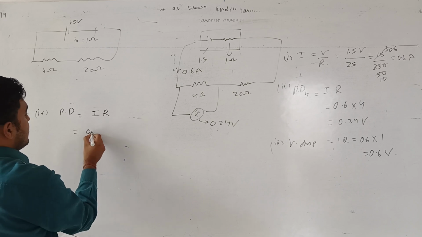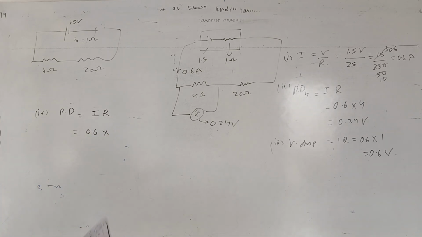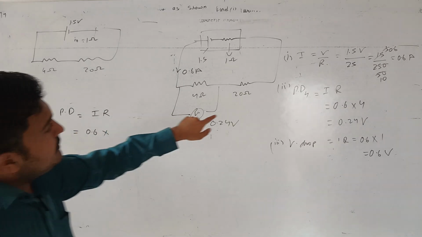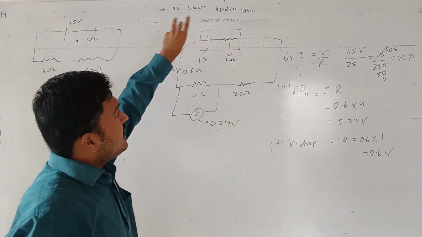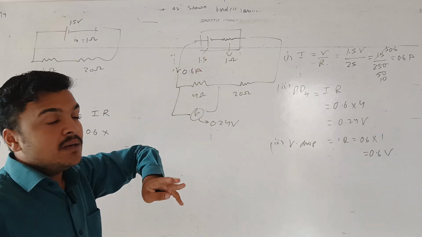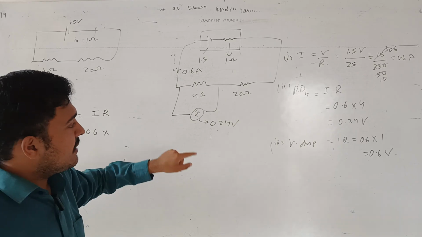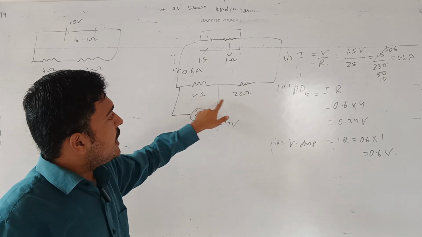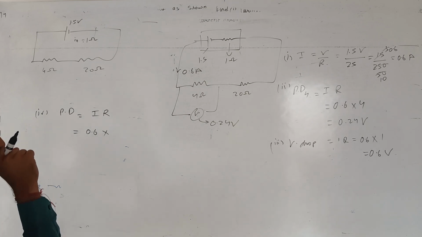So total current is 0.6, and the total resistance is the outside resistance, not the inside resistance, because inside is the EMF. We have to find the terminal voltage here. The potential drop across the cell when it is working means the terminal voltage. So the total outside resistance is 20 plus 4 is 24. So 0.6 into 24.